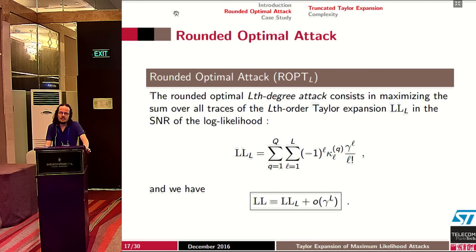In other words, we take the first L terms of the previous series expansion. So we can see that the term used by the maximum likelihood is equal to the sum of the term used by our new attack and an error term, where the small o is the Landau notation. This means that this error term is small compared to gamma to the L when the SNR is small.